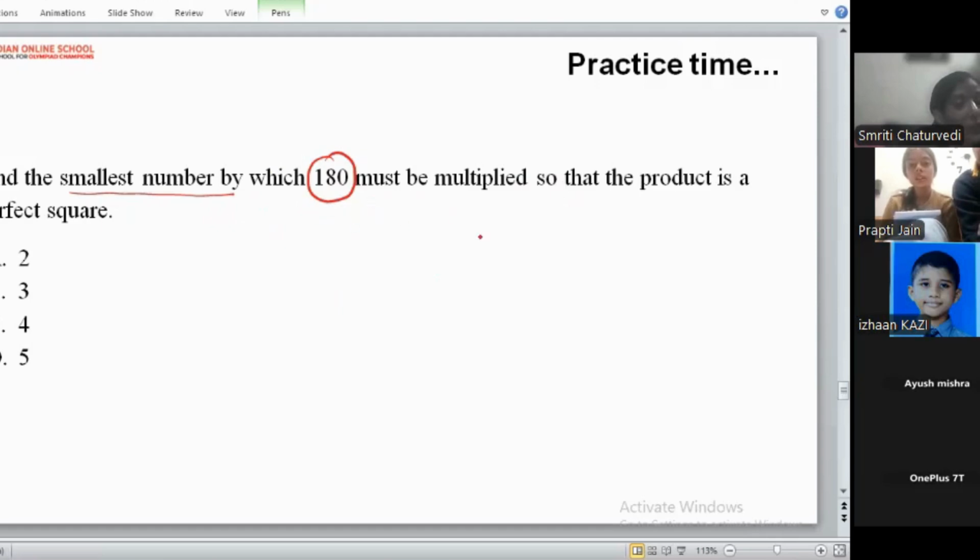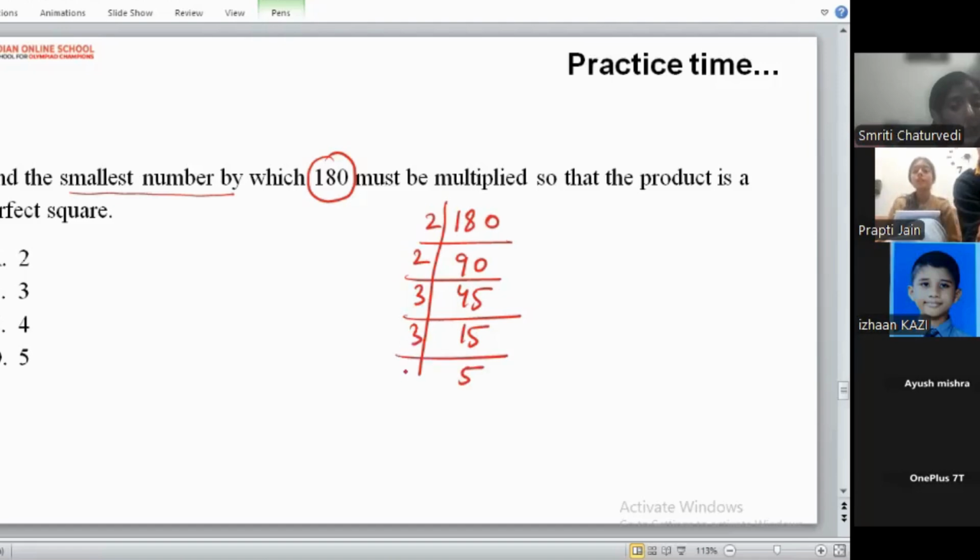Okay, so how we are going to solve it? We will do the prime factorization of 180. 2, 90 times, 2, 45 times, 3, 15 times, 3, 5 times, 5, 1 times. Let's make the pairs. We have a pair of 2, we have a pair of 3, but 5 is all alone. 5 is not having its pair.